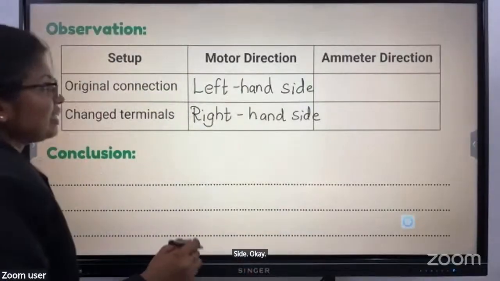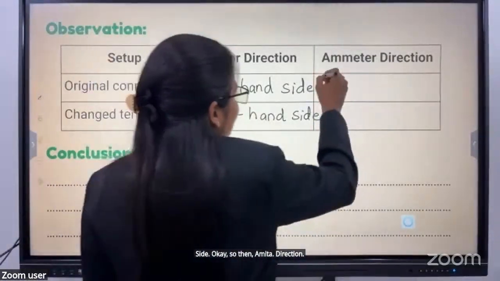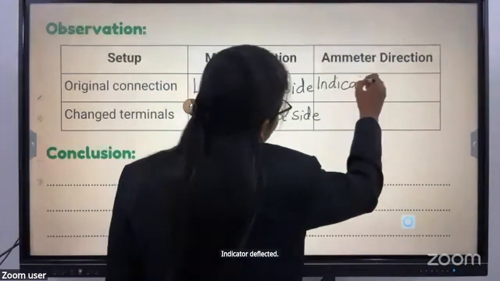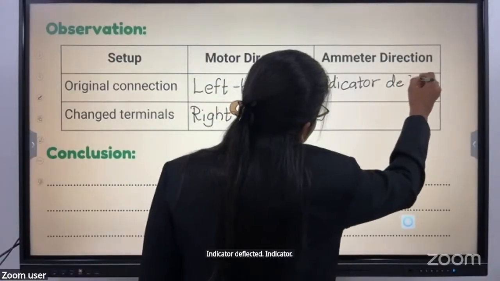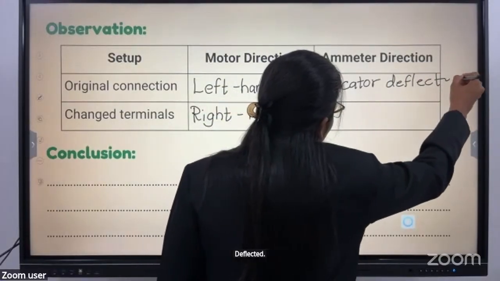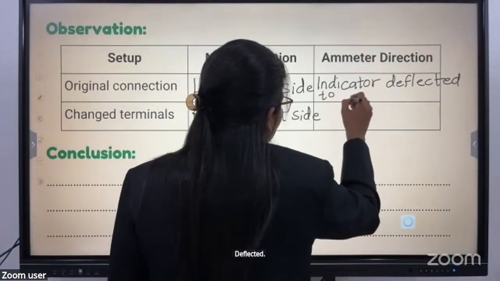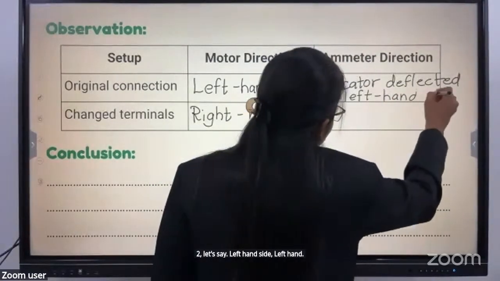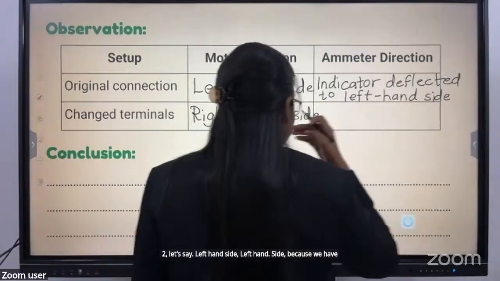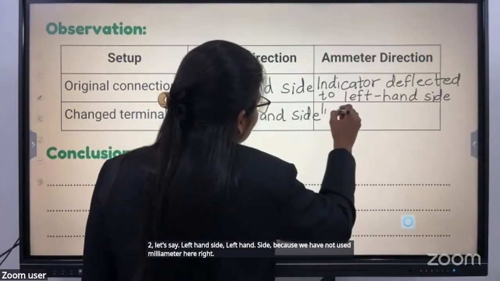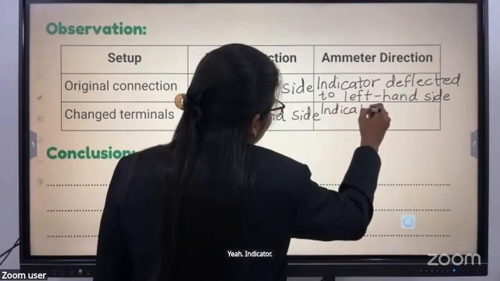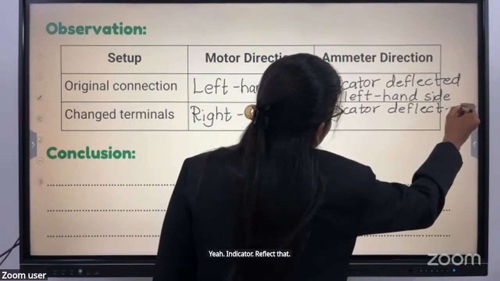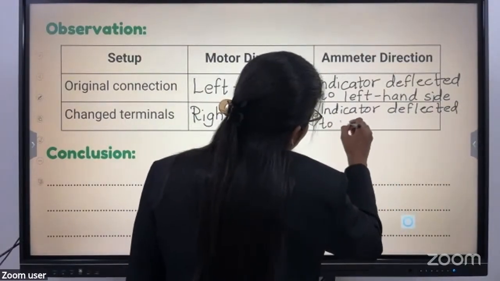Okay. Then the ammeter direction: the indicator deflected to, let's say, the left hand side, because we have not used a milliammeter here. Here the indicator deflected to the right hand side.